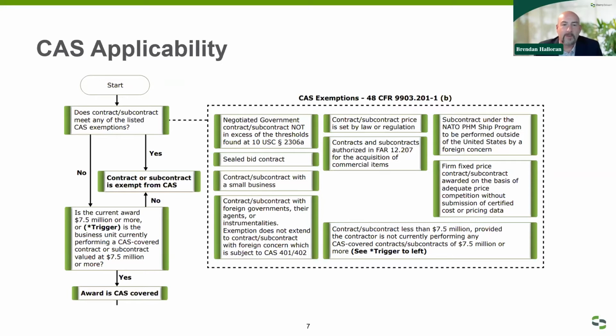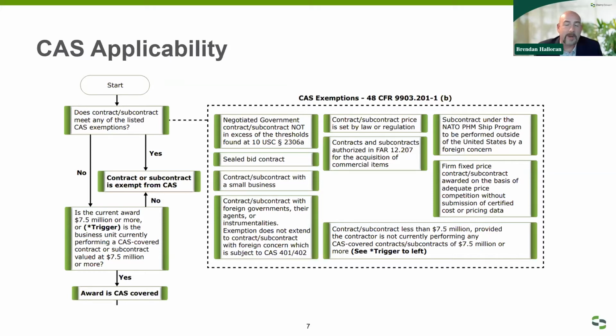Walking through, there are the key CAS exemptions, and folks that are small business, obviously that's a key exemption. Was it sealed bid? Is it fixed price? Or commercial? Those are a lot of the key exemptions that many of our clients and folks that we speak with are hovering around.